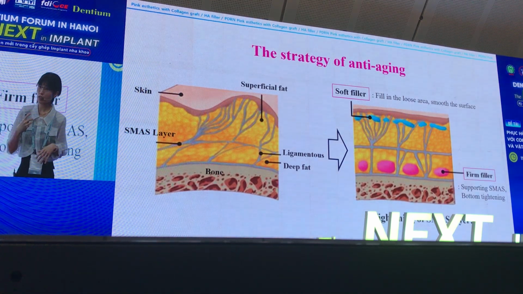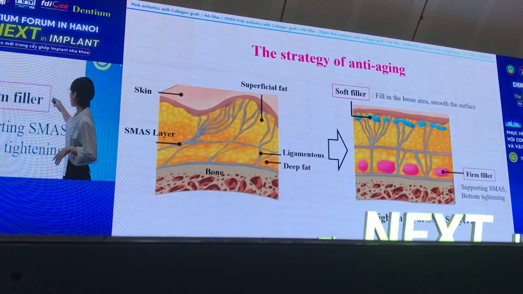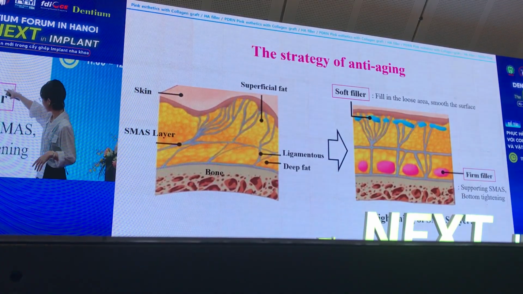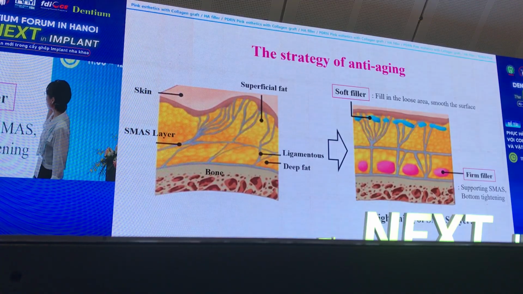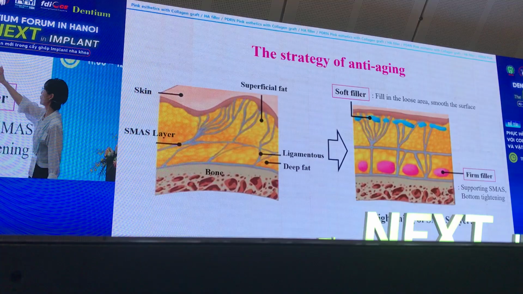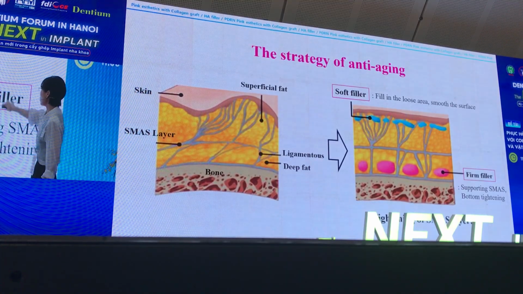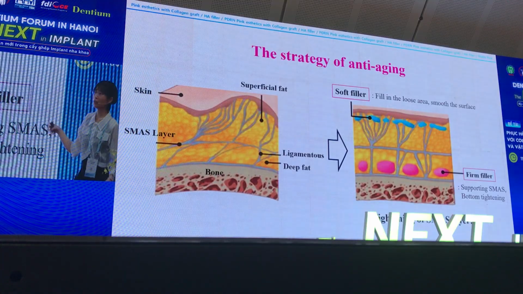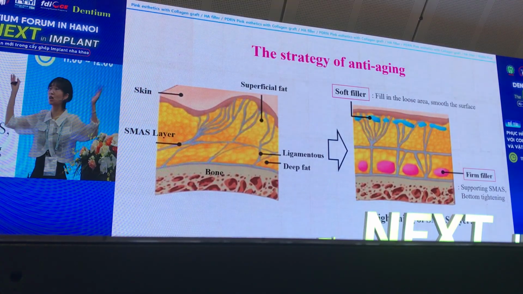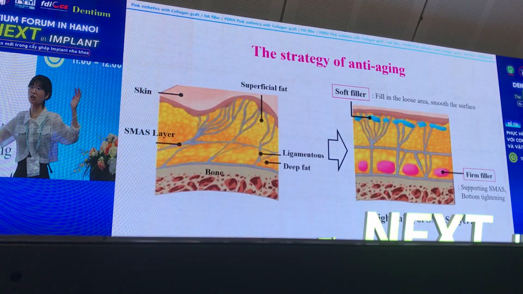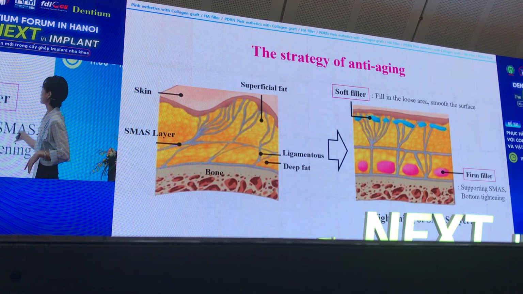So my practice of anti-aging is to fill the concealer in the lower part and put filler in the subcutaneous, the superficial part. So it can make the tree upright and restore the SMAS layer again. That means the tightening of the SMAS layer.